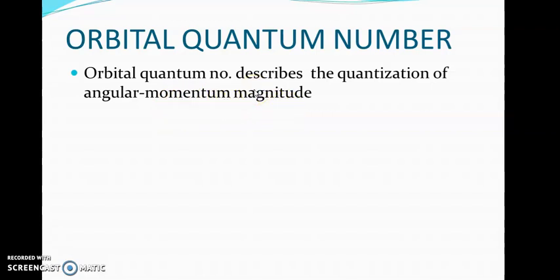In the last class we studied the principal quantum number, and we saw that the principal quantum number describes the quantization of the energy of the electron in the hydrogen atom. Similarly, the orbital quantum number describes the quantization of the magnitude of angular momentum of the electron in the hydrogen atom.